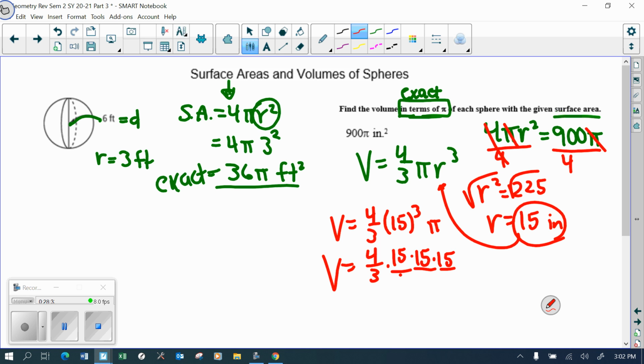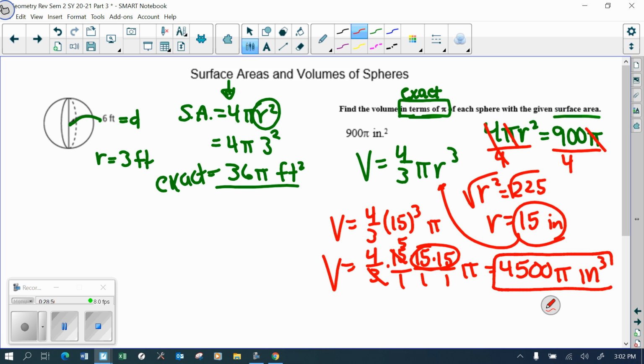You can put it all over 1 if you want. Pi. 3 cancels the 15 five times. I know 15 squared is 225. 225 times 4 is 900. 900 times 5 is 4,500 pi. And then it's volume, so it's inches cubed.